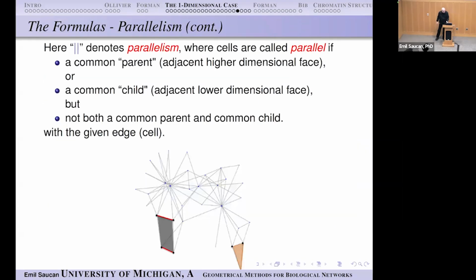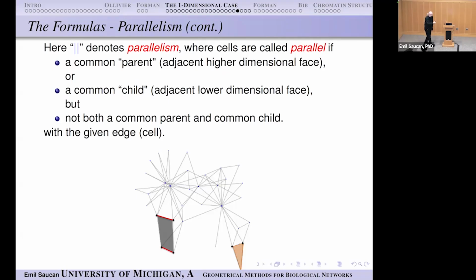Well, it means what we expect. For instance, here these two red edges are parallel, whereas all these edges are not parallel. Why? Because parallel means you have a common parent or a common child, but not both together. So you see these two red edges are edges of the same face, of the same parent, but they don't intersect.